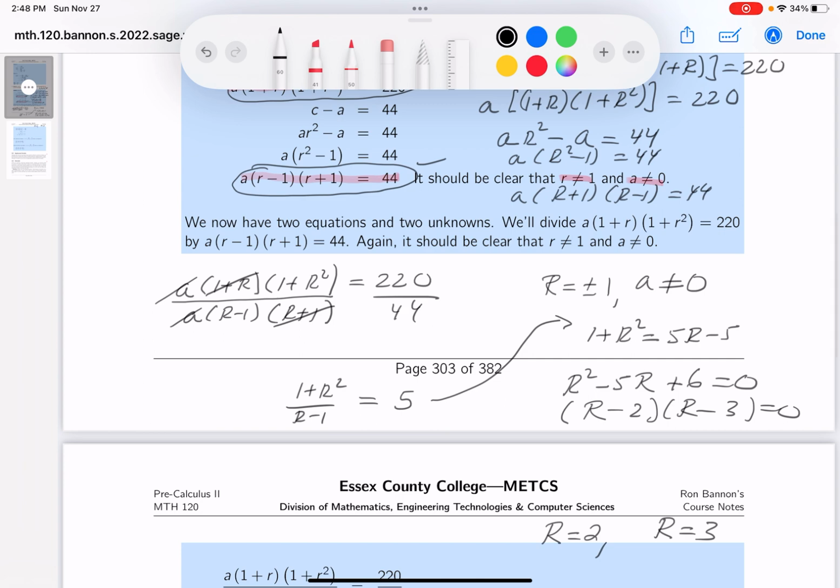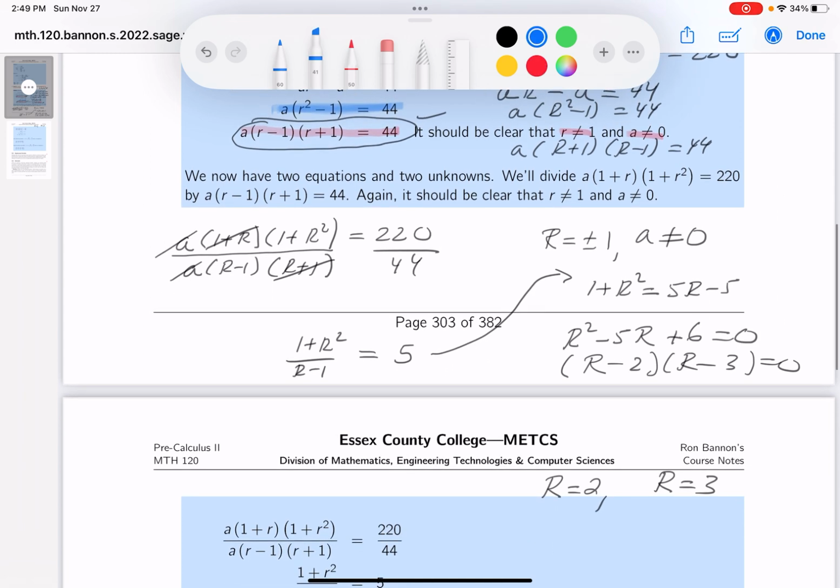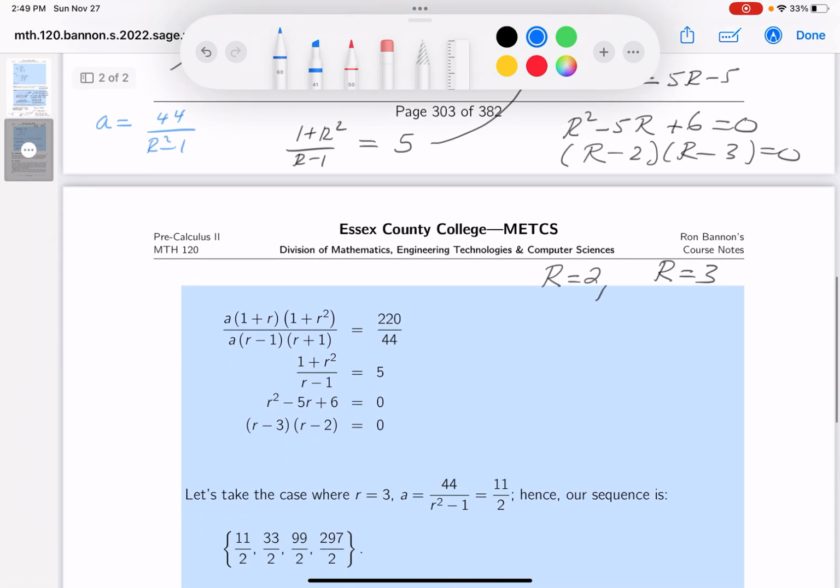To do that, I'm going to select this equation here. So let's write that down. A is equal to 44 over R squared minus 1. Let's do it for the 2 first. A would be 44 over, well, 2 squared is 4, 4 minus 1 is 3.